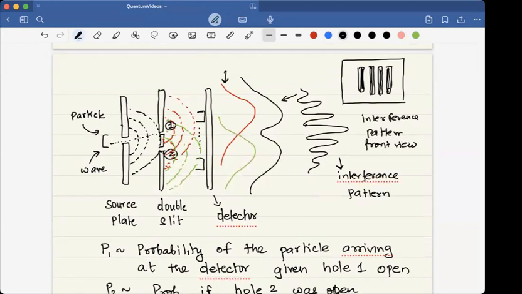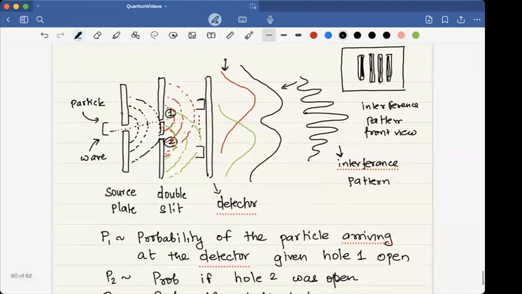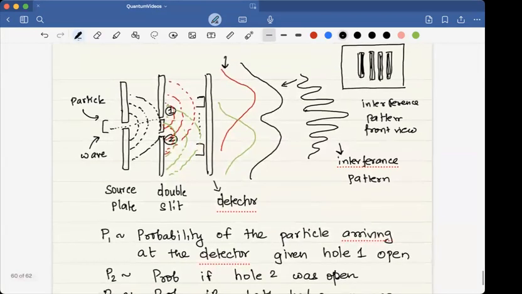Now, this is very well understood from the classical theories. But now, if you have a quantum source, or a source of, let's say, electrons that are transmitted by this source on the first source plate, then something interesting happens.